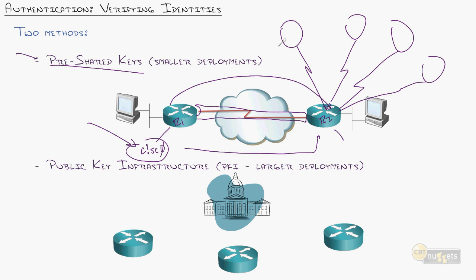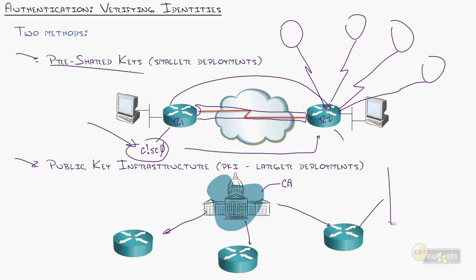So once you grow, you'll move to a public key infrastructure. Remember I was doing the PayPal discussion a moment ago. Similar to that PayPal discussion, you have a certificate authority. Now, the certificate authority is essentially a trusted entity for all these routers, and that certificate authority gives each one of these routers a certificate.